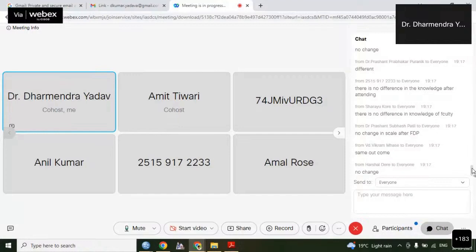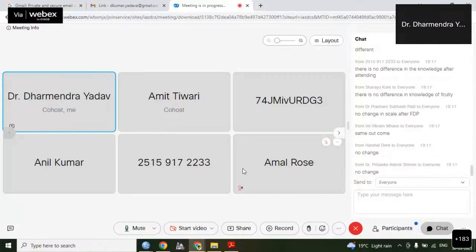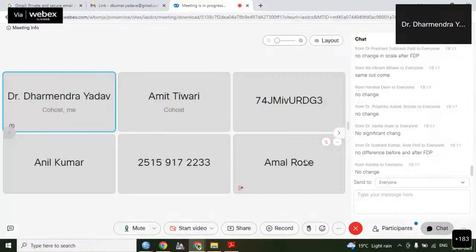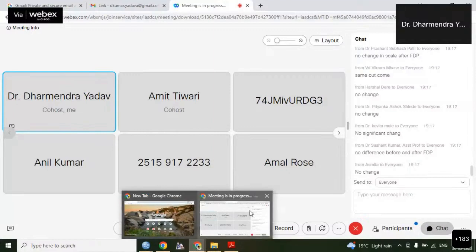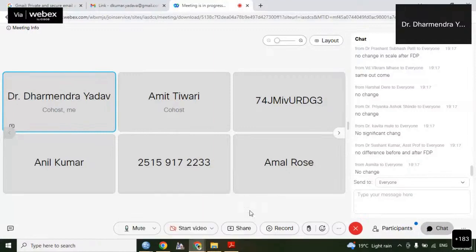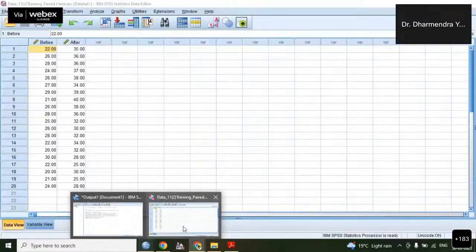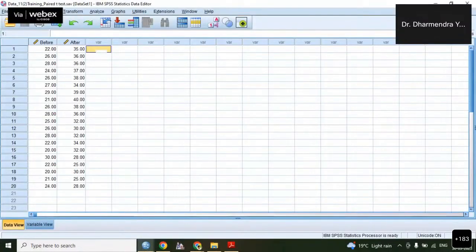So in this way, you will make the null hypothesis: there is no significant difference before and after attending this FDP. And the alternate will be yes, it means your knowledge is increased after attending this workshop.